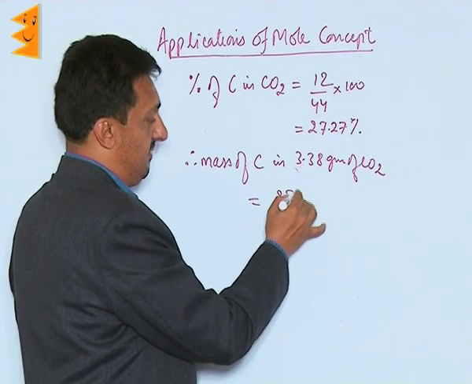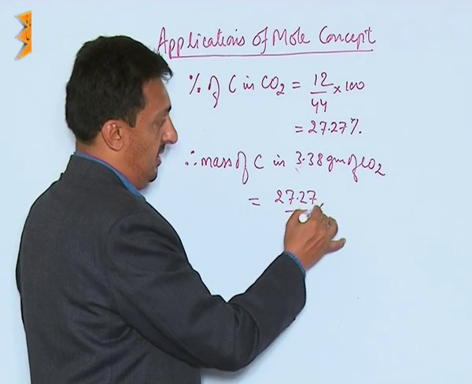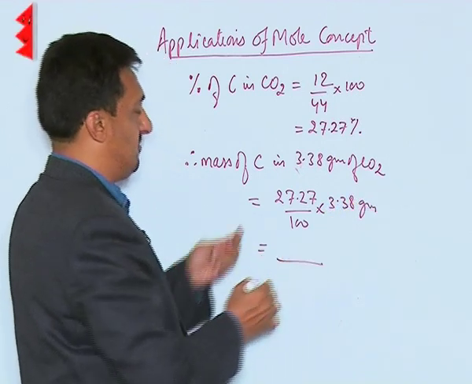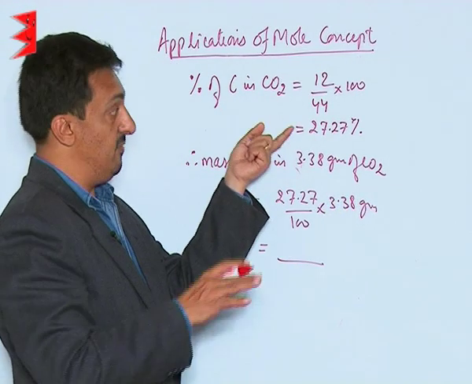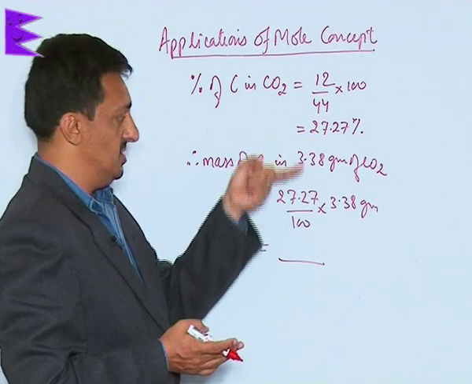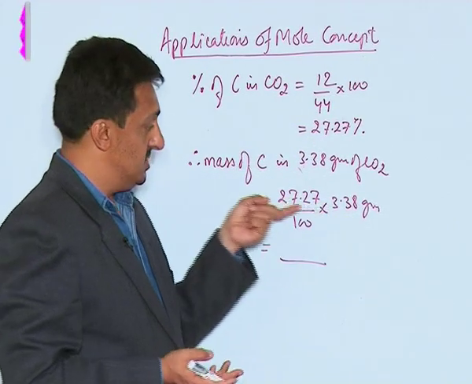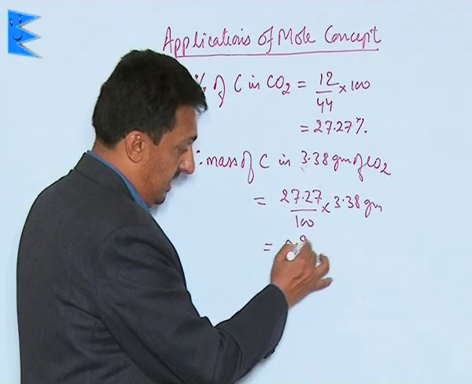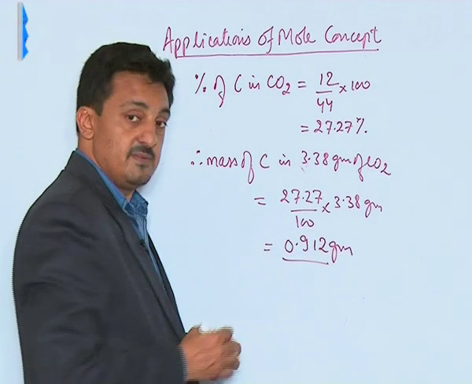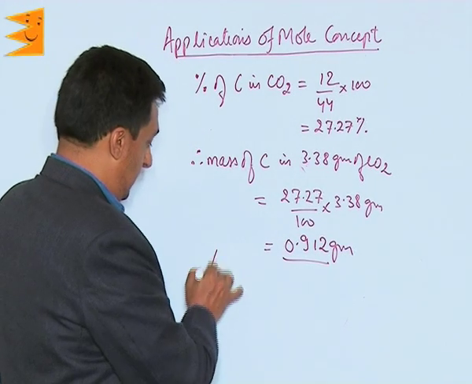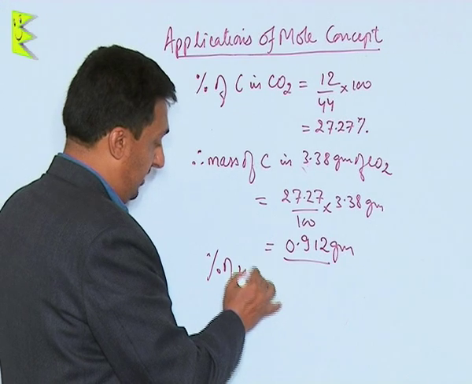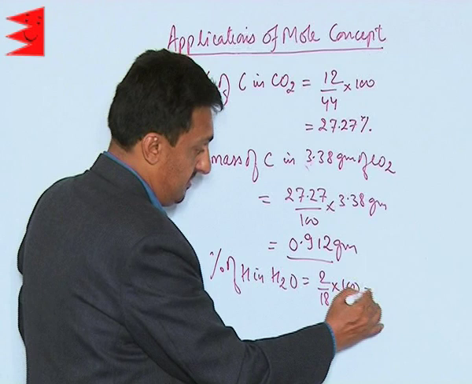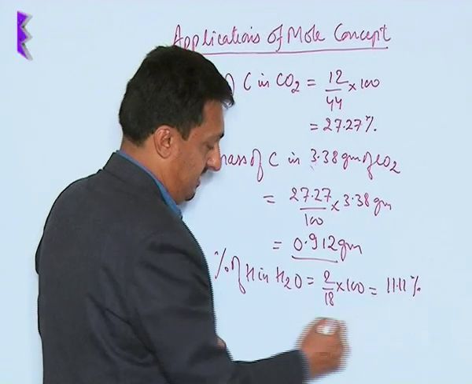It will be 27.27 upon 100 into 3.38 grams. Because this much is the percentage of carbon in this, so out of 100 grams, if carbon is this much, out of 3.38 grams, it will be how much? So it is multiplied by 27.27 divided by 100. This gives us 0.912 grams. Similarly, percentage of hydrogen in water is 2 by 18 into 100, which is 11.11%.